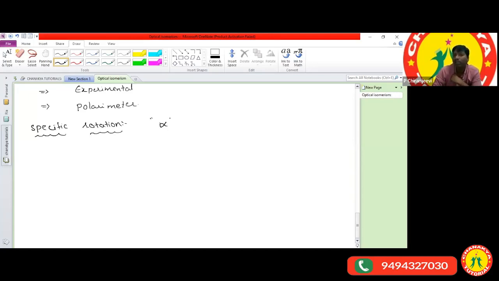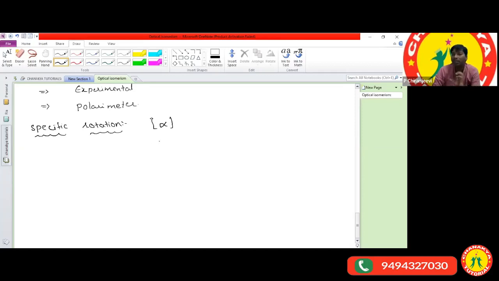It means that by passing plane polarized light on an optically active compound, the compound rotates the light. How much it rotates, that angle is what we call the specific rotation.